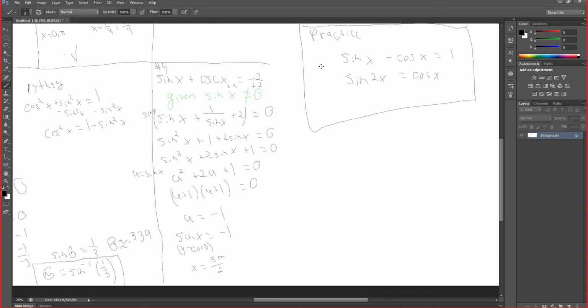Practice letter A is a lot like number 1, and practice letter B is a lot like number 2. This one is almost the same, except it's a minus instead of a plus. So you're going to get some angles and then have to check if they work or not. And then for the other, you're just going to use a double angle identity again.